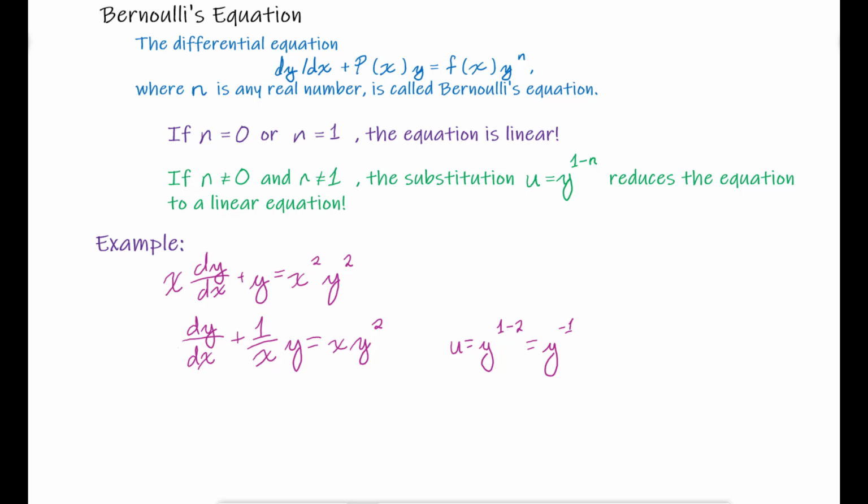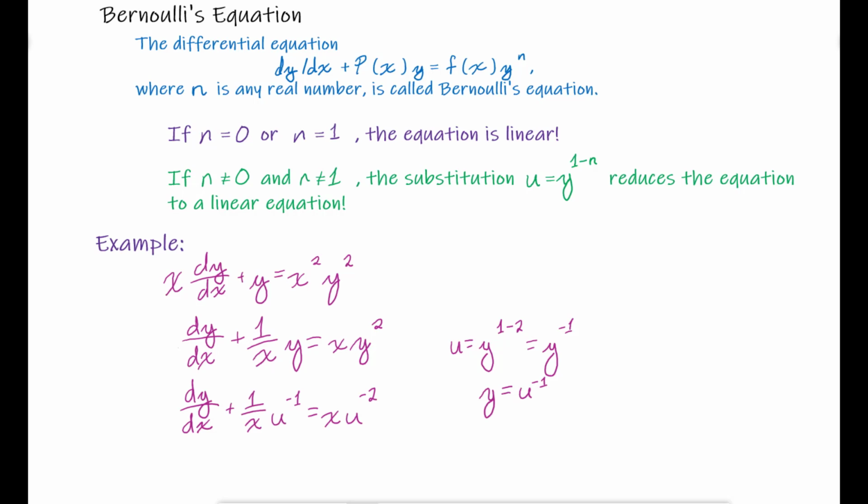So let's solve u equals y to the negative 1 power for y. So this gives me y equals u to the negative 1 power, which now gives me a substitution that I can make. Everywhere I have a y, I'm going to substitute in u to the negative 1 power.